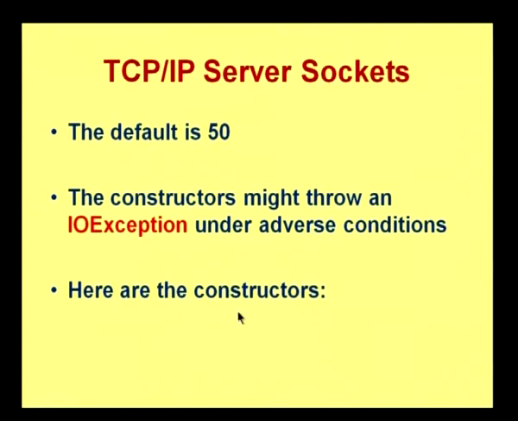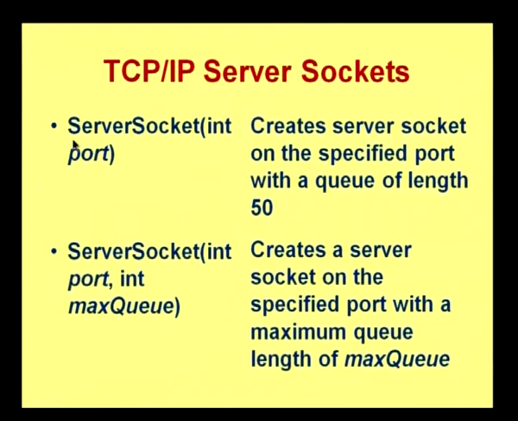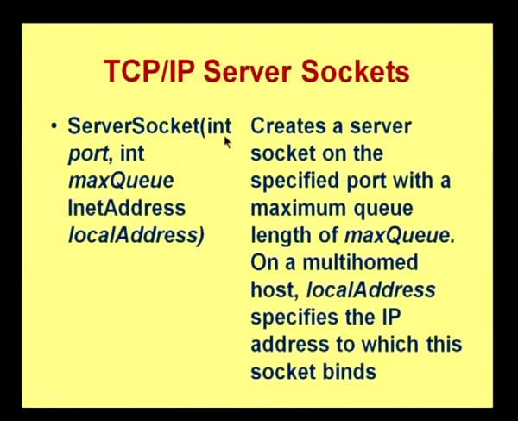Here are the constructors. You can see a list of constructors here. ServerSocket(int port) creates a server socket on the specified port with a queue of length 50. ServerSocket(int port, int maxQueue): the maxQueue is your maximum queue length, so it creates a server socket on the specified port with a maximum queue length of maxQueue. Then you have a constructor with int port, int maxQueue, and InetAddress.